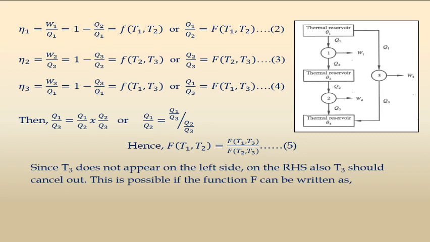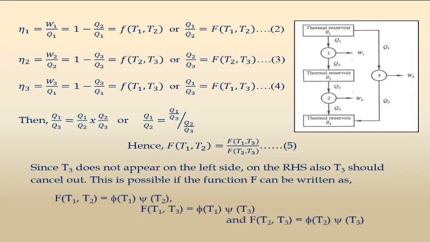Since T3 does not appear on the left side, we have T3 on the right side, whereas on the left side we have only T1 and T2. So T3 should be cancelled out. This is possible if the function f can be written in another fashion. Say function of temperature T1 and T2 can be written as phi of T1 and psi of T2.